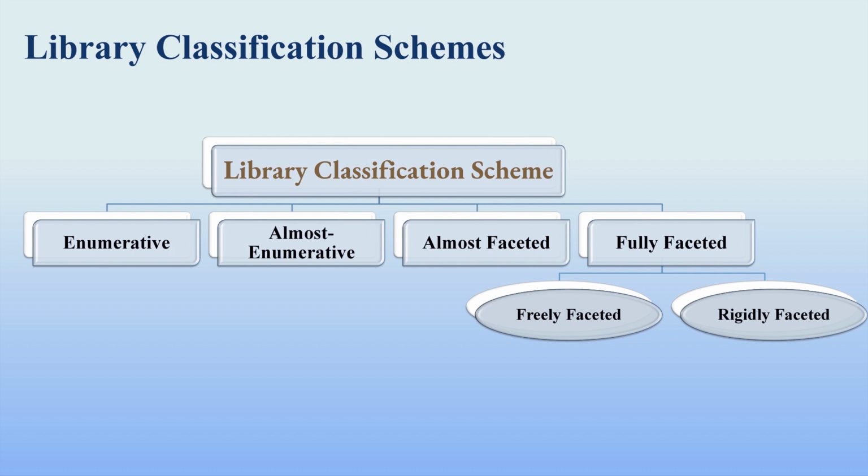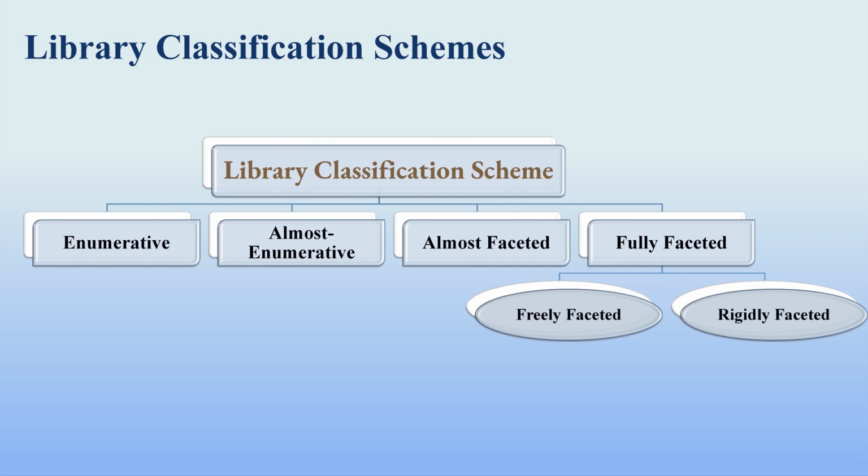Dr. S.R. Ranganathan devised the Colon Classification. The earlier editions of Colon Classification are examples of rigidly faceted classification schemes, whereas the 6th and 7th editions of Colon Classification are examples of freely faceted classification schemes.